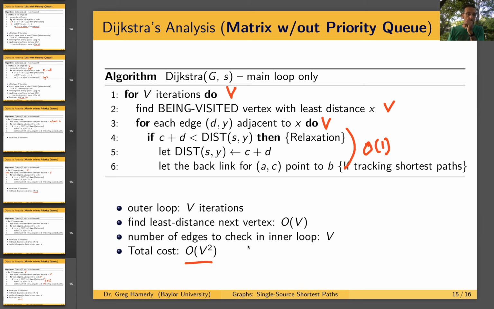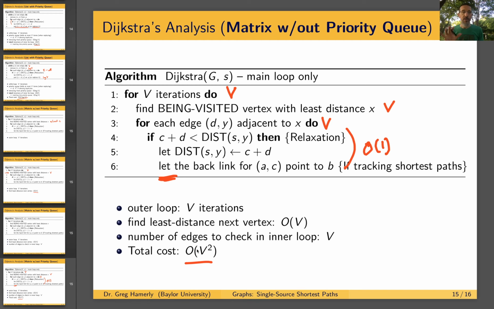And again, you can do the analysis for yourself. If you added a priority queue to this to make step 2 faster, it would actually end up making things slower down here in the innermost parts of the algorithm because you'd have to insert into this priority queue, and you'd end up having V times V times log V, so it'd be V squared log V.